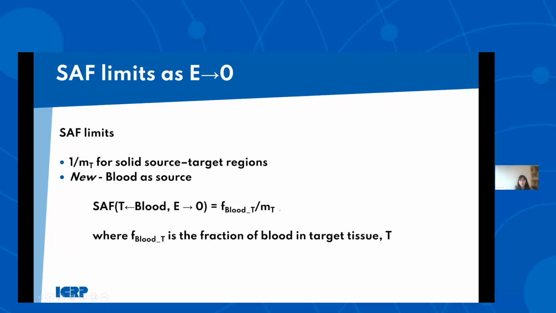So it's a normal SAF calculation, but taking into account the blood in a tissue or organ as well. And this can be important for low energy emitters, because in the past we wouldn't have had that contribution at all. So this is something to bear in mind. For all other solid source target regions, the SAF limit is just 1 over the mass of the target.